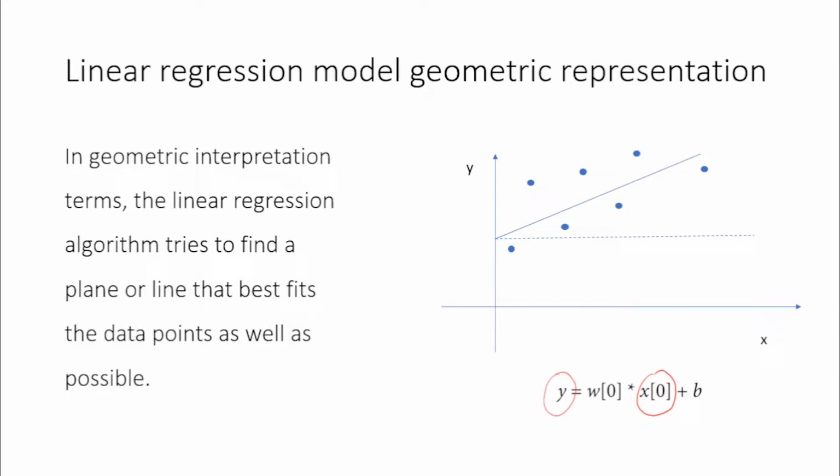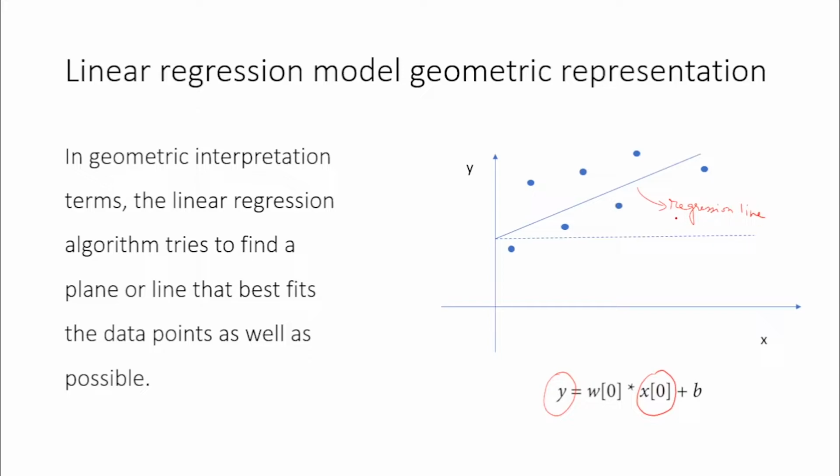Now this w0, in this case we just have one input feature, so we have one single coefficient, and this gives us the slope of this line, and this line is called the regression line.